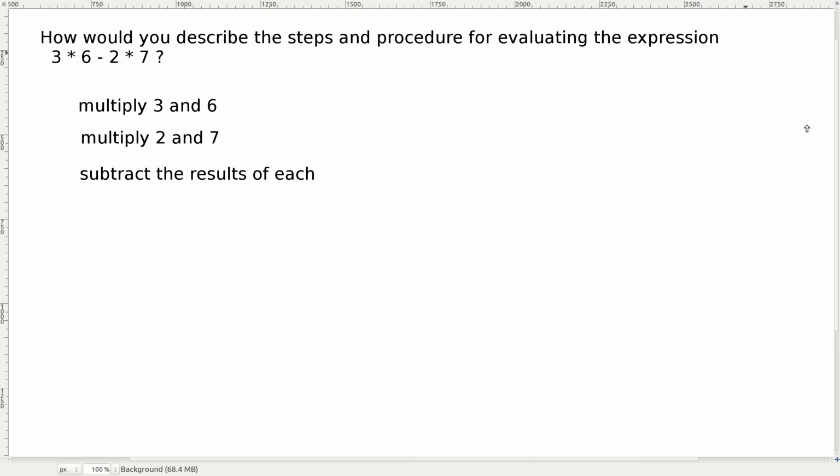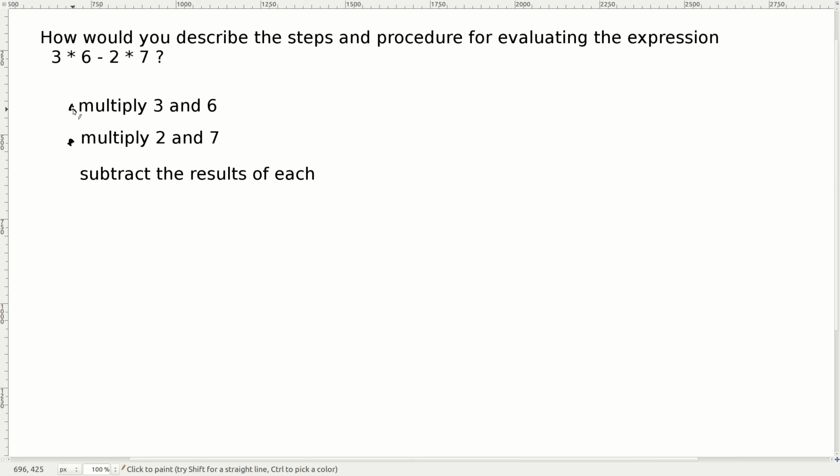So from that description, we can pull out some information about some relationships here. If you think about it another way, there are two sub-expressions. There's the multiplying 3 and 6 sub-expression, and there's the multiplying 2 and 7 sub-expression.